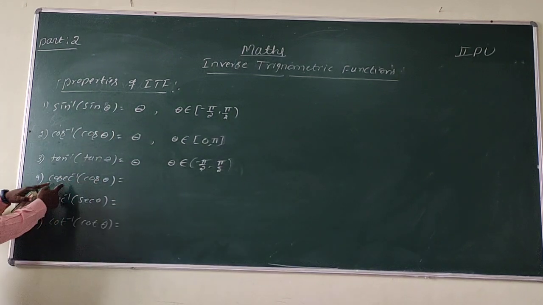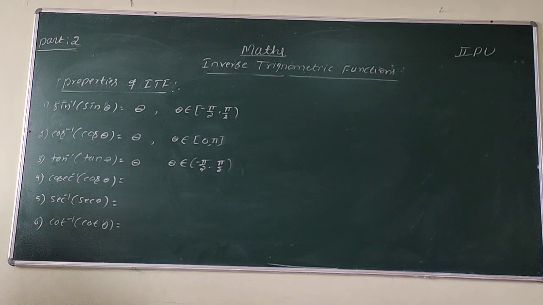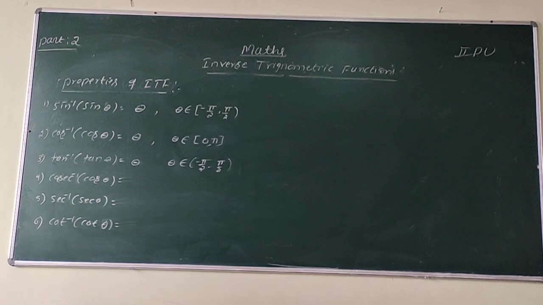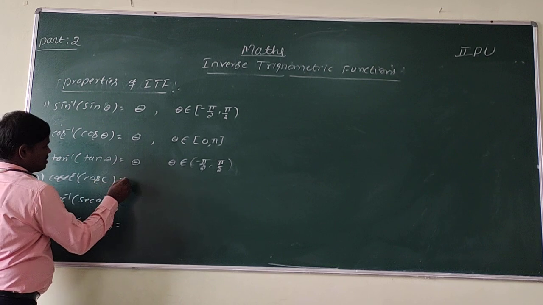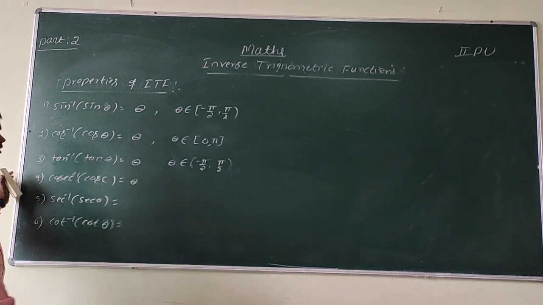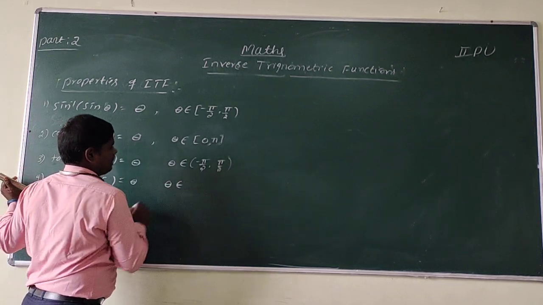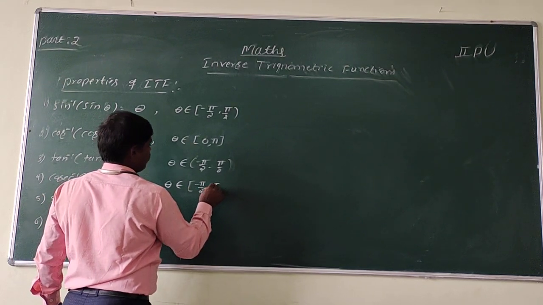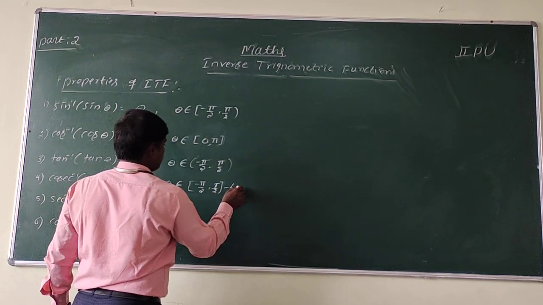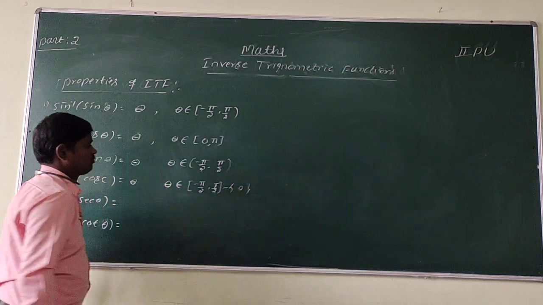And cosecant inverse of cosecant theta is equal to theta when theta belongs to minus pi by 2 to pi by 2, excluding 0.